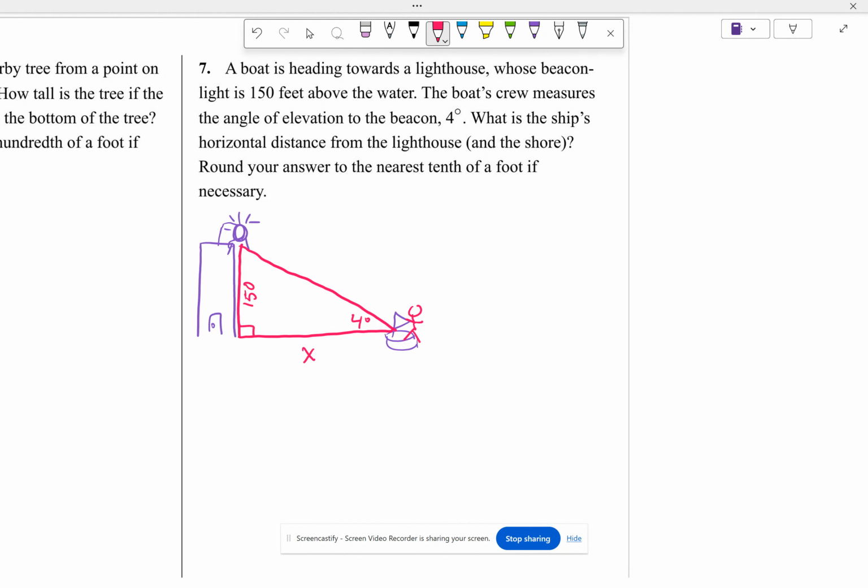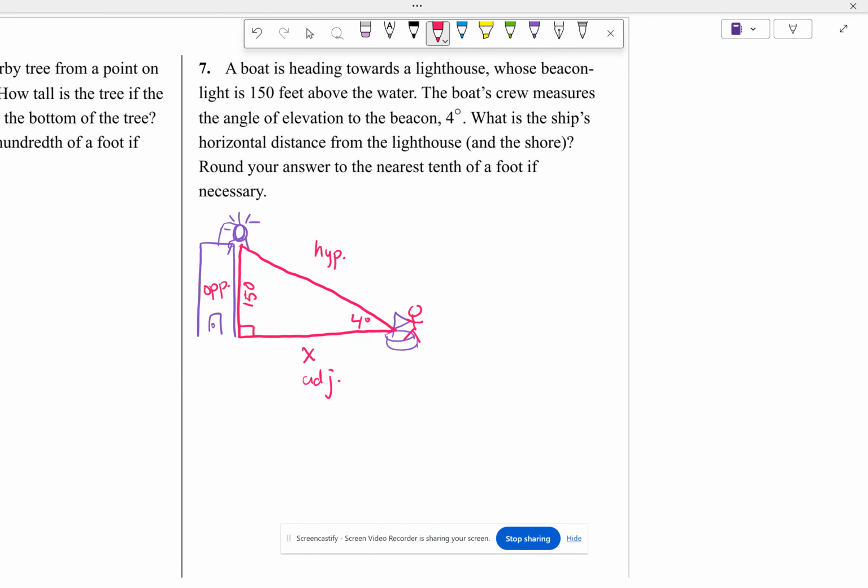Now I'm going to set up a trig function to find x. What do I have? I'm standing at 4 degrees. This is my hypotenuse, this is my opposite, this is my adjacent. I have the opposite, and I'm looking for the adjacent.